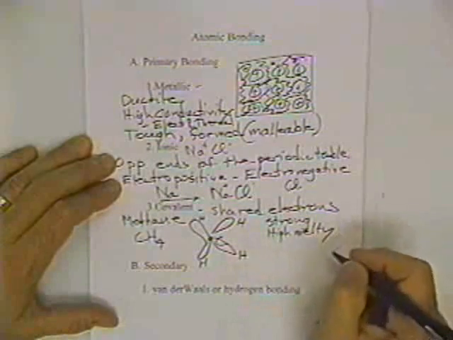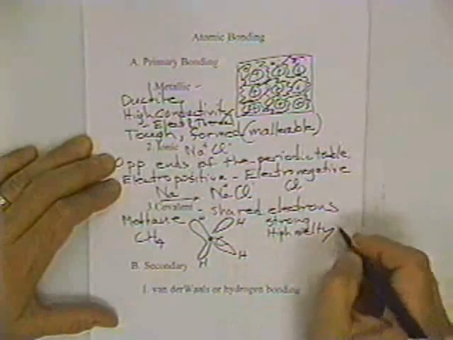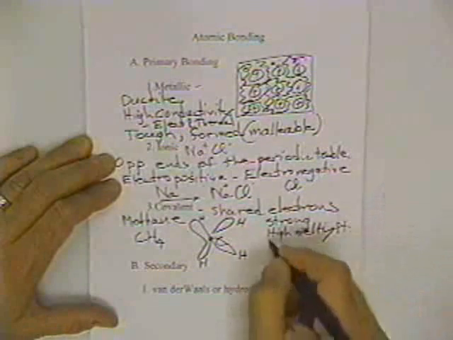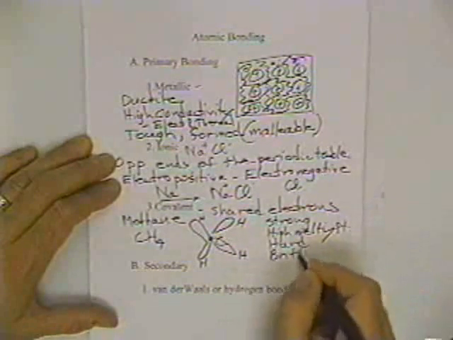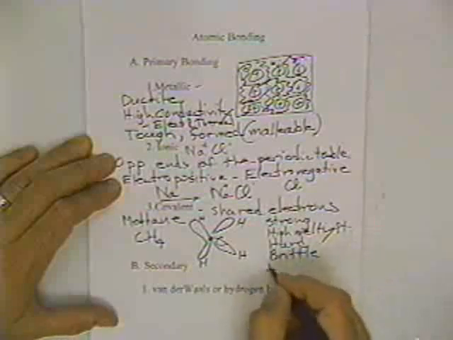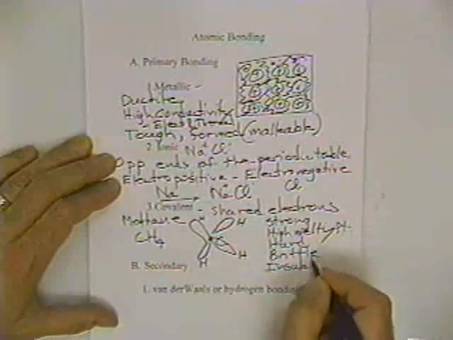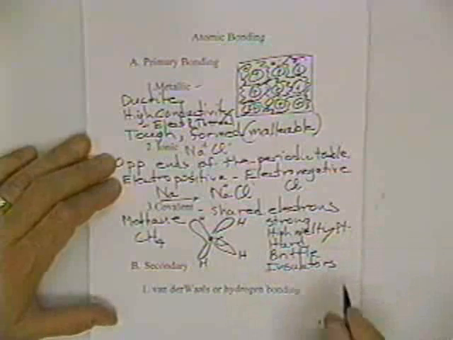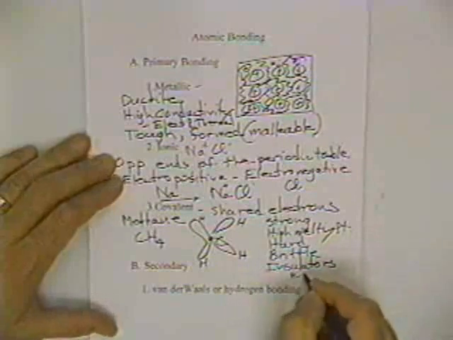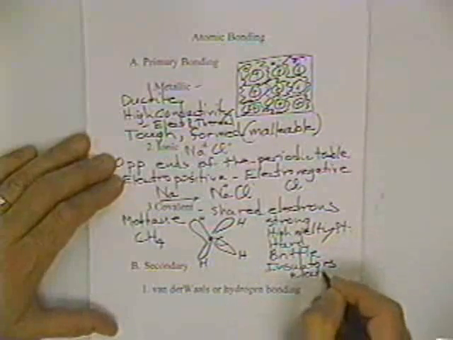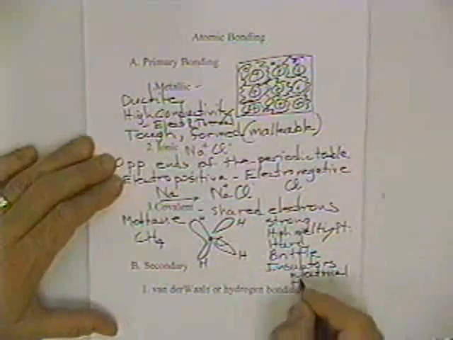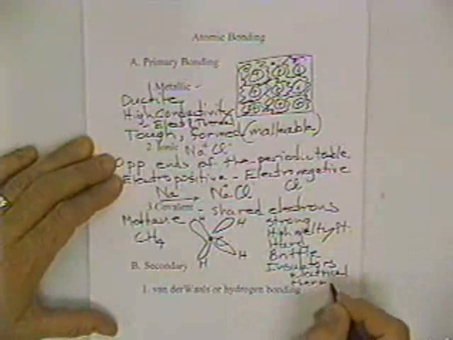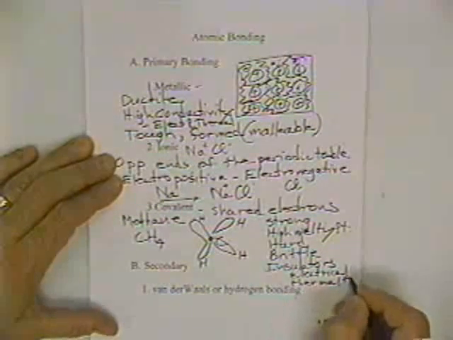We have the hardest material in covalently bonded, that would be diamond. High melting points. They are hard, they are brittle, and they are insulators. Now this is an interesting category. All of them are electrical insulators, and most are thermal insulators.